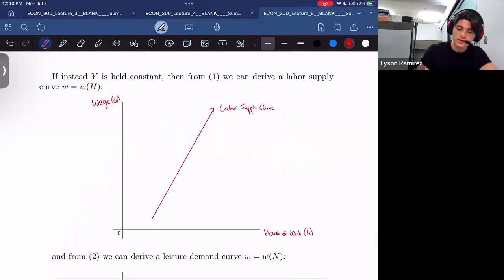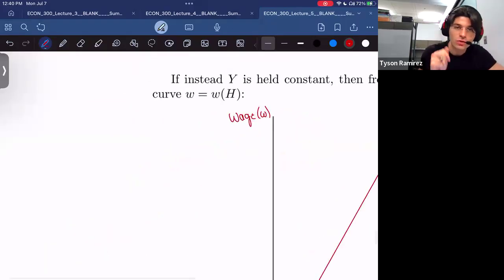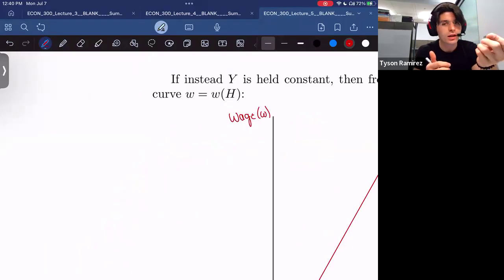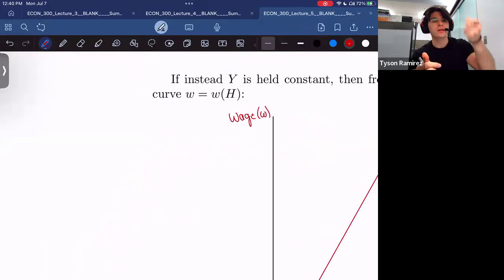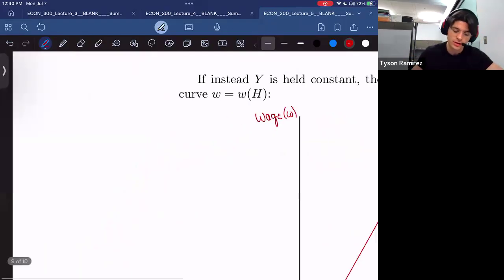And what this represents is how many hours of work, let me write this down. How many hours of work would we choose? Like how much would we choose to work given these different pay levels or these different wage levels?